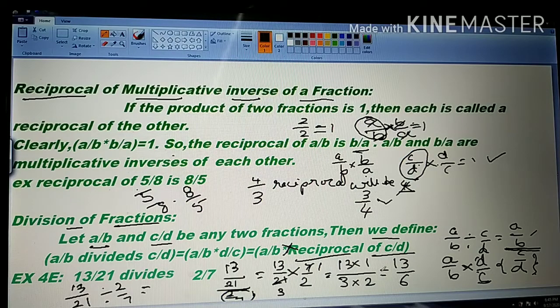After that, do as usual, the process we follow for multiplication. 13 into 7, 21 into 2. To avoid big numbers, I am converting into simple ones. 7 ones, 7 threes. So 13, and 3 into 2, 6. Understood this one? Now we will see some more exercise problems so you can understand well.